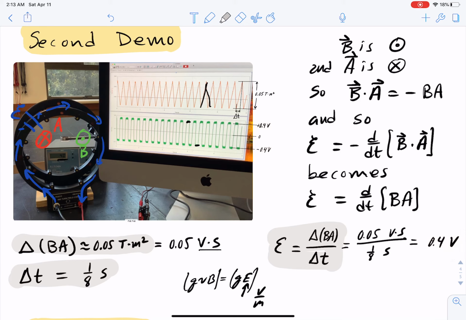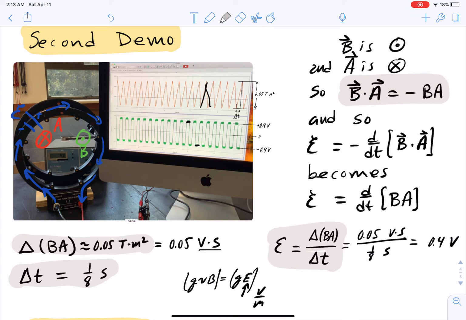So the other thing we should resolve is the minus sign. So in this case, the direction we picked for the magnetic field sensor gave a positive number when the field was in the opposite direction to the area. That means that this dot product has a minus sign in it.